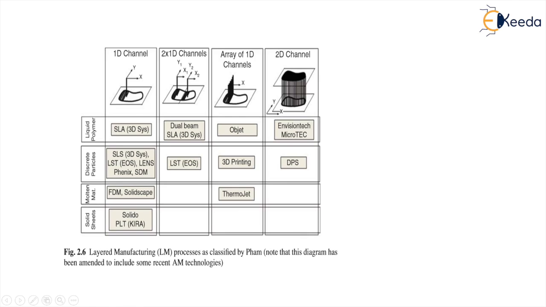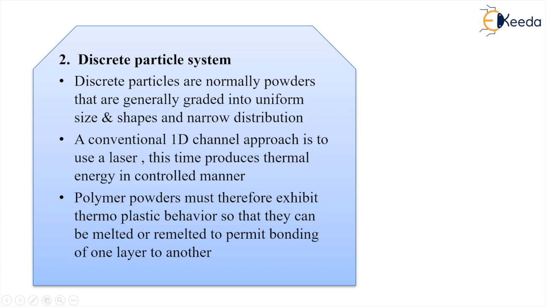So this is the one dimensional channel, and in that category these are the processes available. This is the 2 by 1 D channel, and these are the processes in the particular classifications.